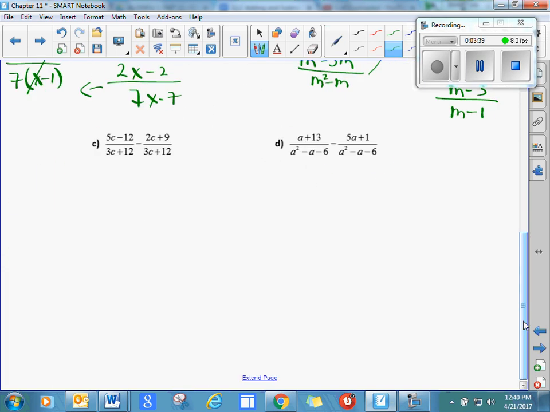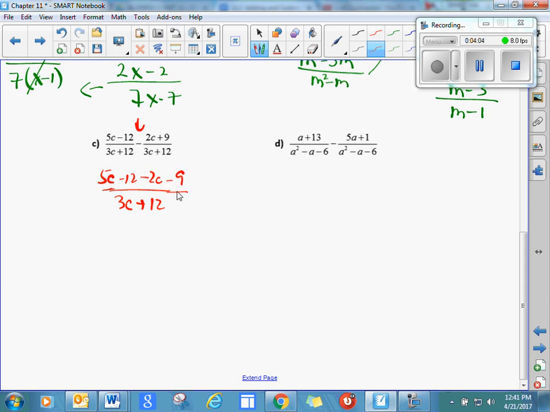We'll run through the next 2 examples. They work pretty much the same way. 3c plus 12, common denominator. 5c minus 12. And then if you've begun to see the pattern, when you see the negative sign here, both of these signs change. So 2c is positive here, it becomes negative. 9 is positive here, it becomes negative.